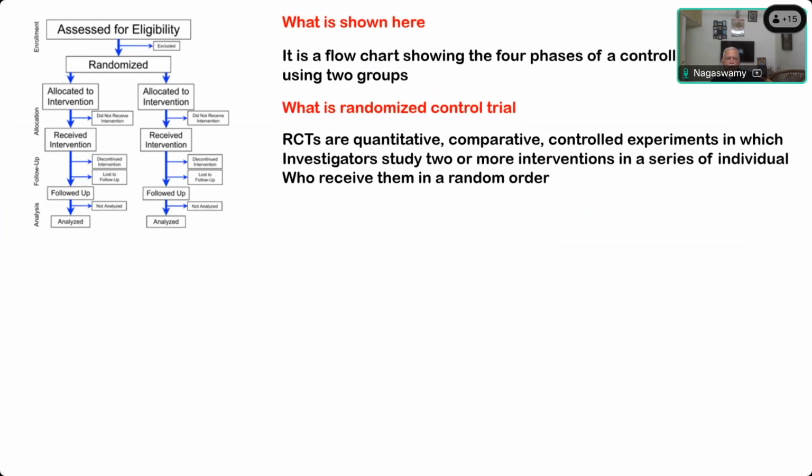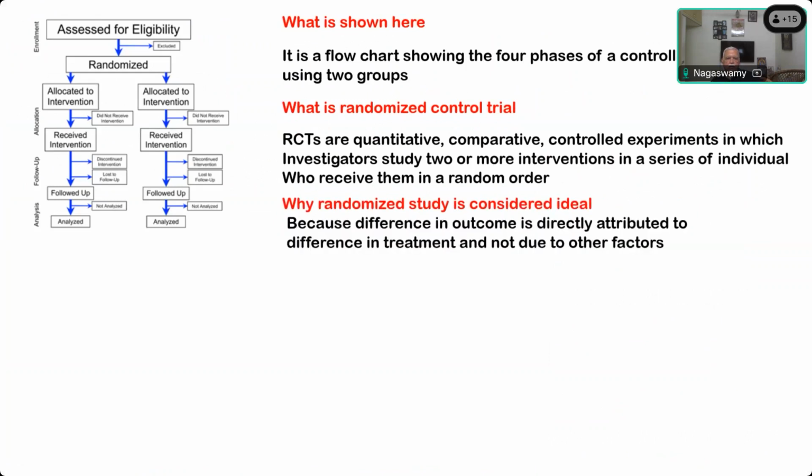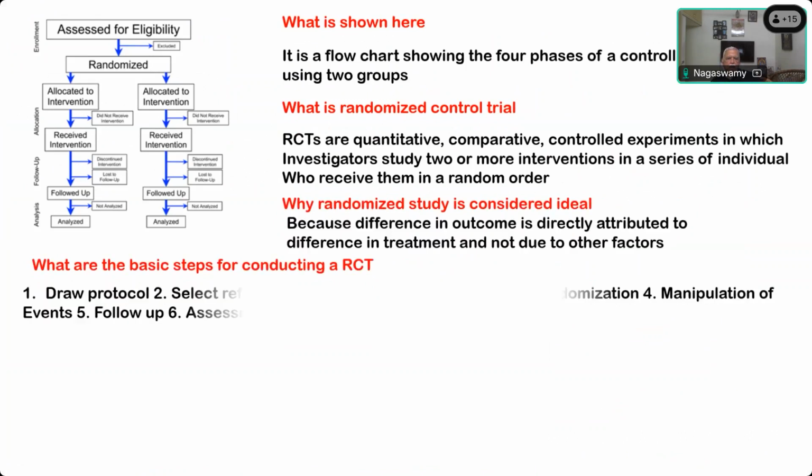So there is always a control group and an interventional group, and the patients are allotted in a random fashion. Why randomized study is considered ideal? Because difference in outcome is directly attributed to difference in treatment and not due to other factors. What are the basic steps in conducting RCT?